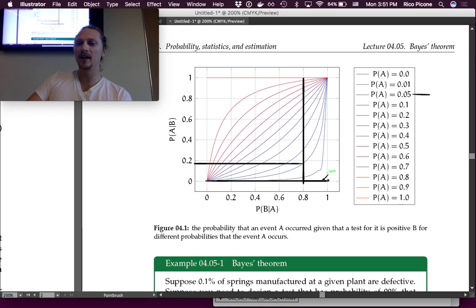So you have to end up with a really, really highly effective test in order to have any confidence that a rare occurrence is properly detected. And for really rare diseases, or really rare defects in a manufacturing process, it makes it really hard to test for them because the probability that the thing actually happened is really low. So having an effective test is hard.